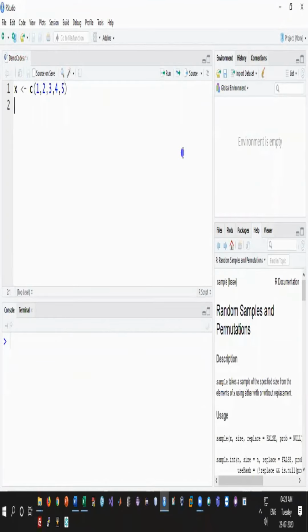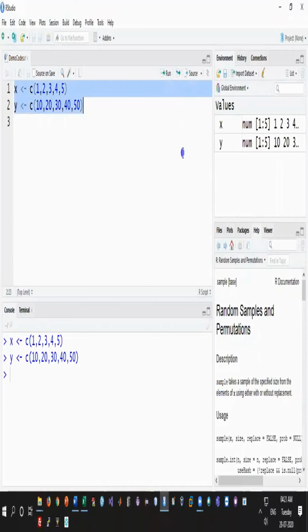For the second collection, Y, I'm going to have some similar set of values where, first of all, let me take some positive values here, 10, 20, 30, 40, and 50. And then finally, we wanted to have the correlation coefficient generated. But before that, let me execute these two lines and get the variables ready.